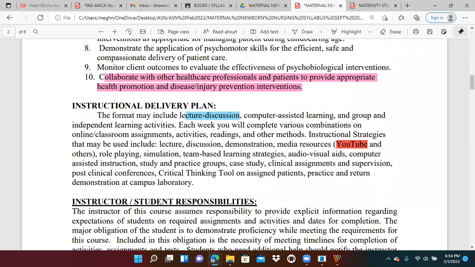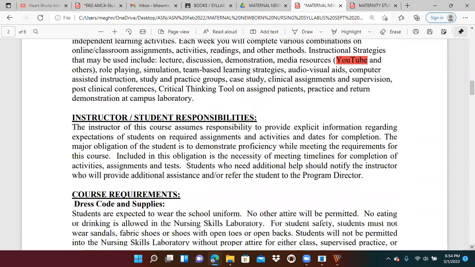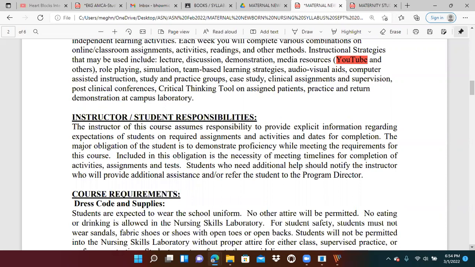Instructor and student responsibilities. The instructor is supposed to teach you and educate you, and your responsibility is to complete the quizzes, complete the assignments, watch the videos, and make notes. Your instructor will give you the case study, and you have to write a note on it.